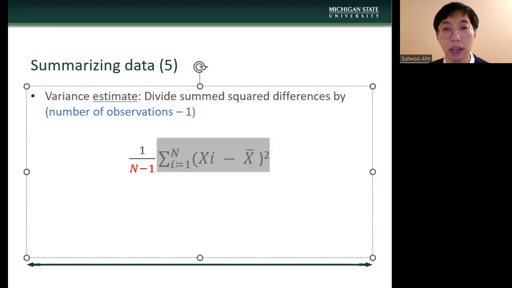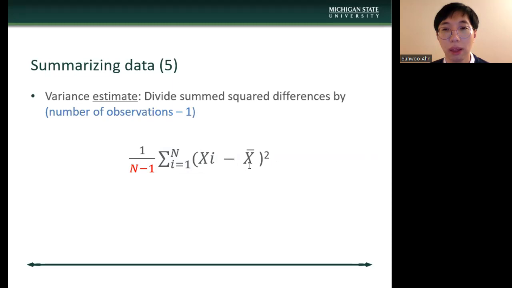But this part is the same as the variance. For each data point, you calculate the difference between the data point and the mean, square it, and sum it. Then you divide it by n minus 1, that is, the number of observations minus 1. So this is the way to calculate the variance estimate.